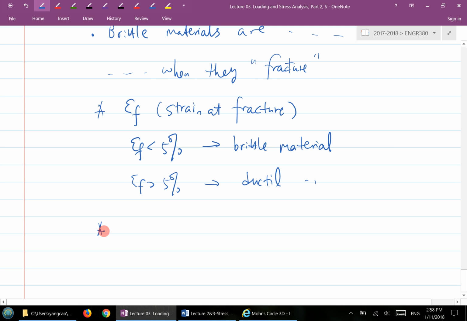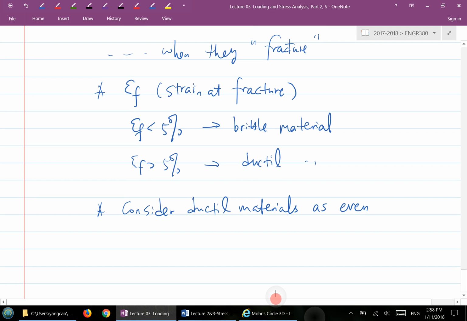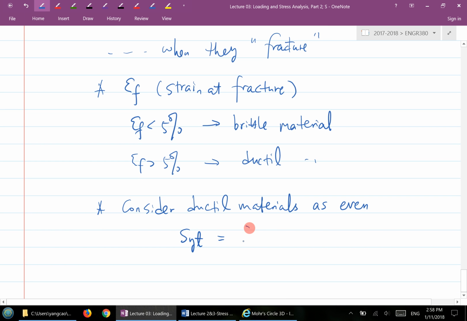And in this class, we also consider ductile material as the so-called even material. So we'll consider ductile material as even material. Even material meaning S_YT equals S_YC. So S_YT is the tensile yield strength, and S_YC is the compressive yield strength.